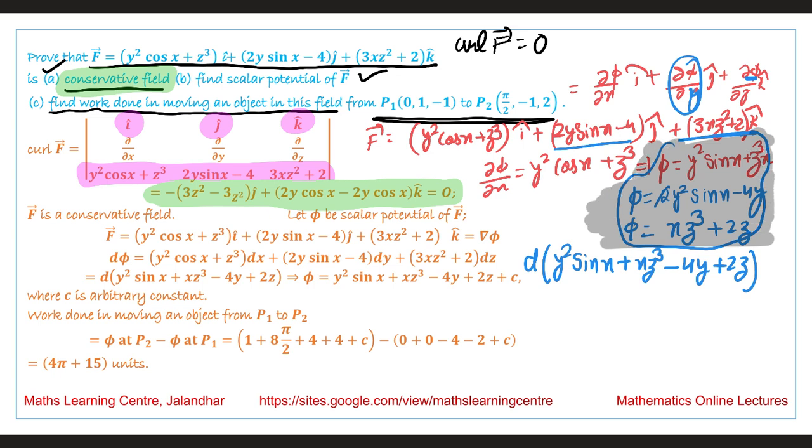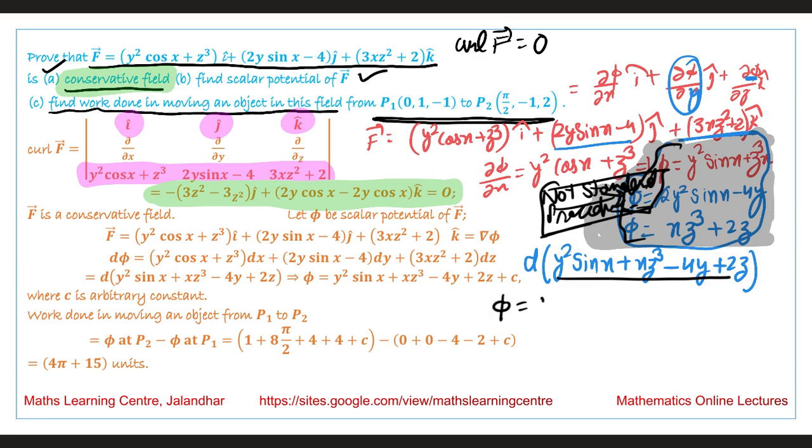This is not a standard procedure to calculate the values. For the standard procedure, you can refer to the video related to potential functions. But just to find the answer, you can calculate the values of phi and find the total derivative in this form, so that we obtain the value of d phi. So phi is equal to y square sin x plus xz cube minus 4y plus 2z plus c.